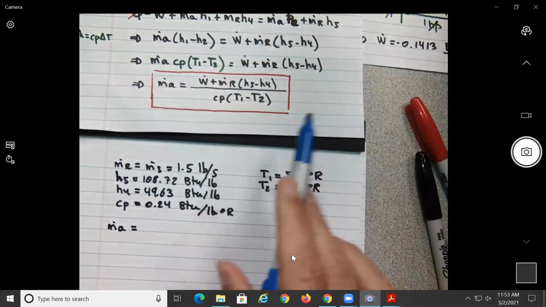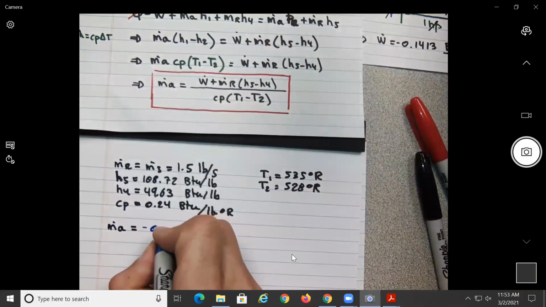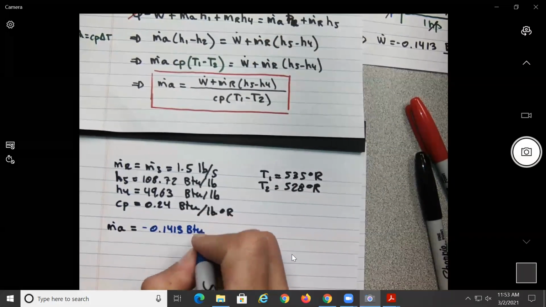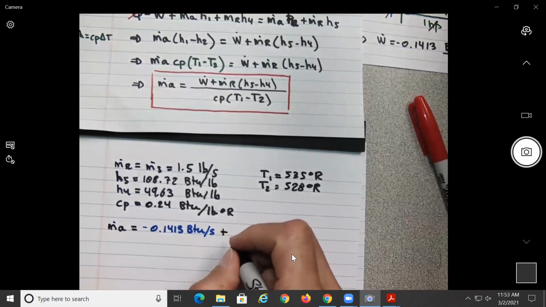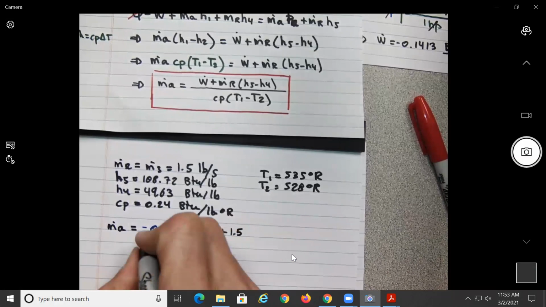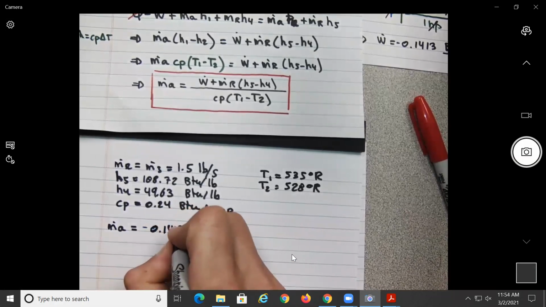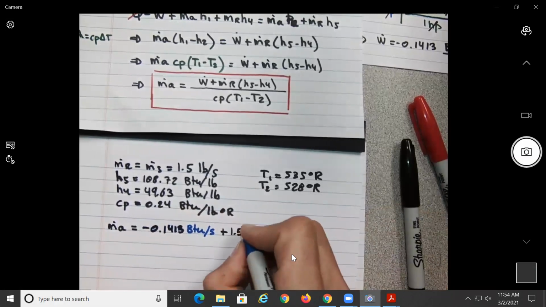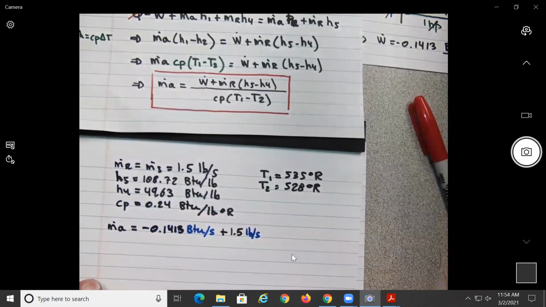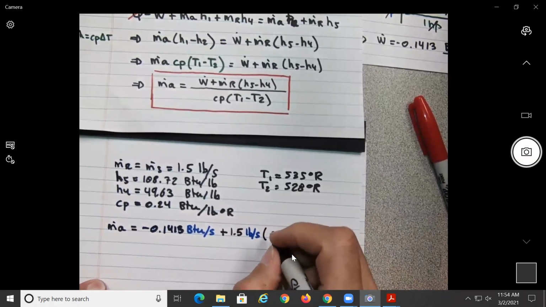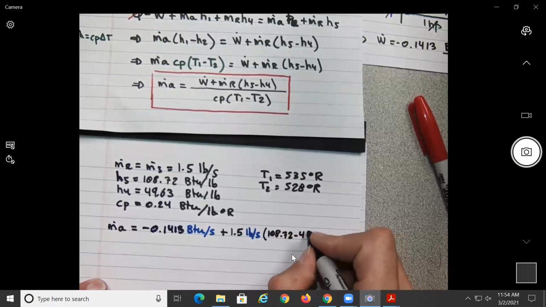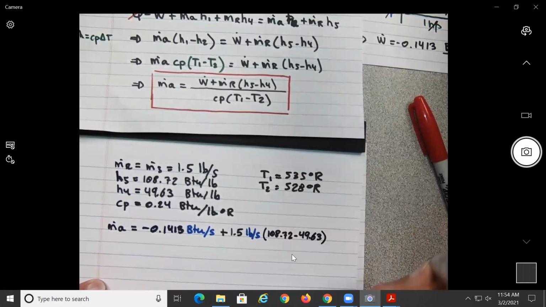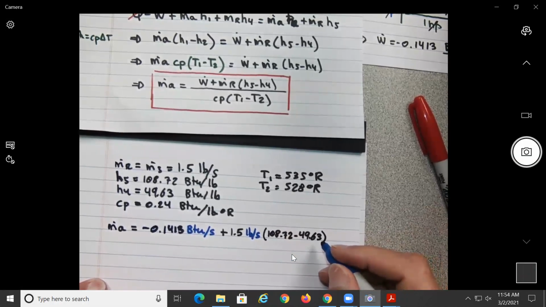We just calculated this one to be minus 0.1413 BTUs per second, plus MR, which is 1.5 pounds per second, times H5 minus H4, 108.72 minus 49.63, and this is BTUs per pound, no?